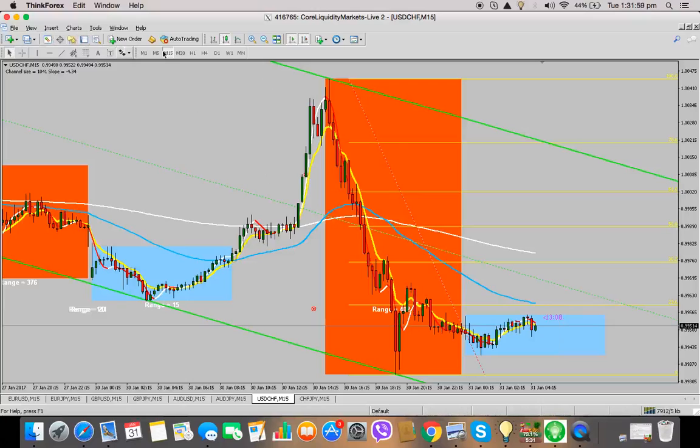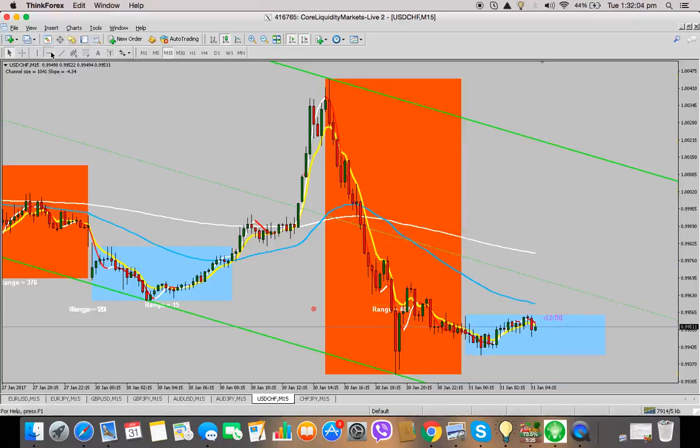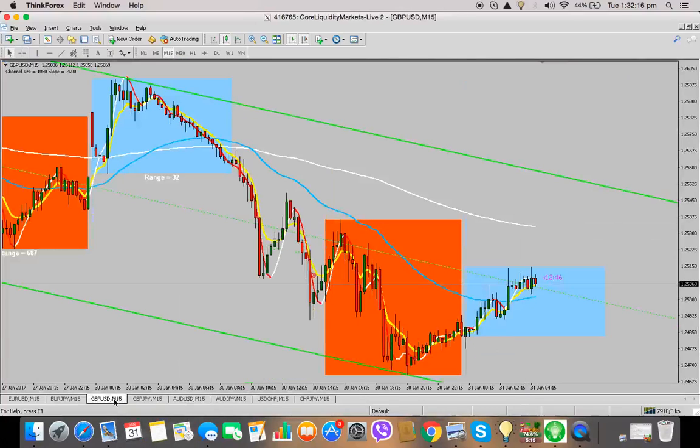So again, what are we doing? We get rid of our fib first, and we draw our lines in. Remember, consolidation zones, our friend. Draw lines in, and we'll come back to see what that friend does later on. Okay, we can draw some lines in here as well if you want.